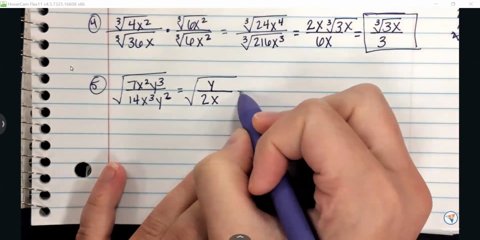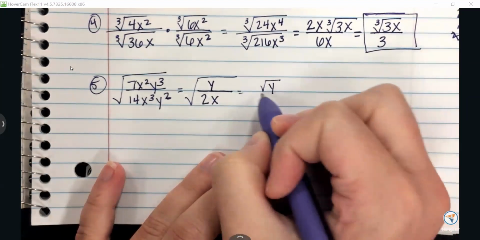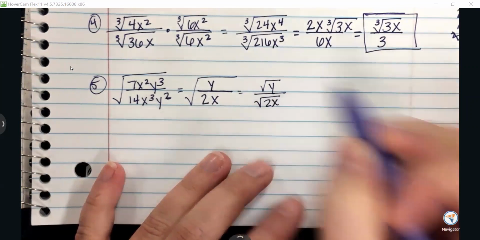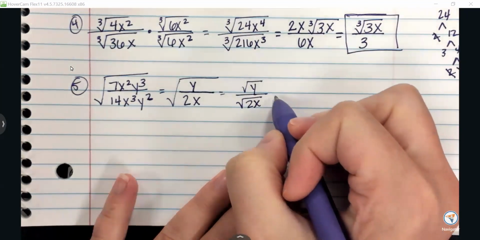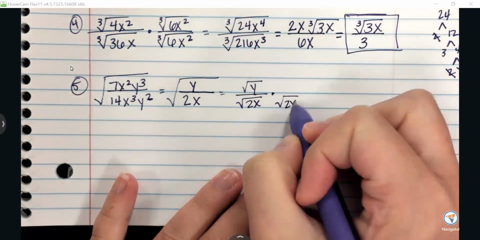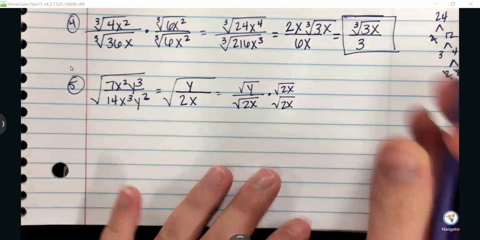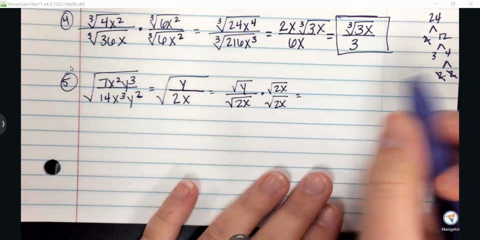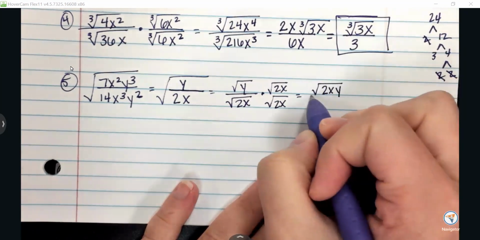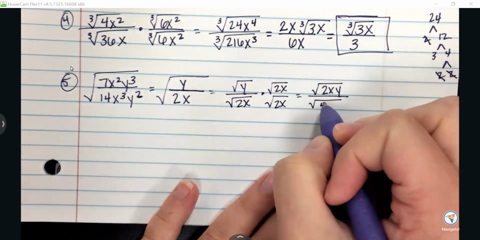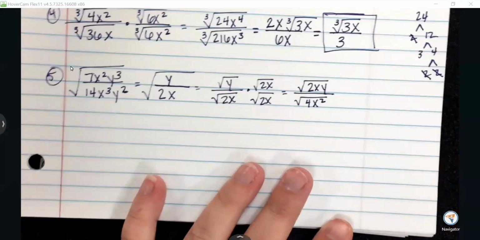So how could I really write this? Square root of y over the square root of 2x. It's a square root. So what should I be multiplying by? The square root of 2x. So in my numerator, I have square root of 2xy over the square root of 4x squared.